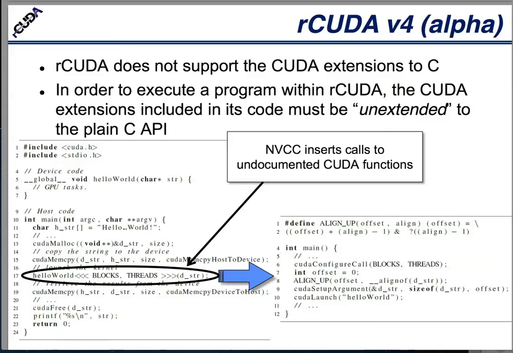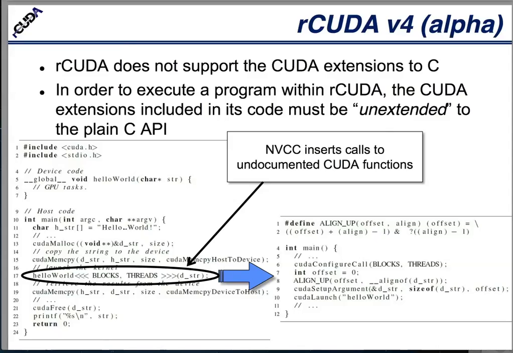rCUDA per se doesn't support the C extensions of CUDA. The most common example of the new syntax, the C extensions of CUDA, is the kernel call employing the triple chevron syntax.